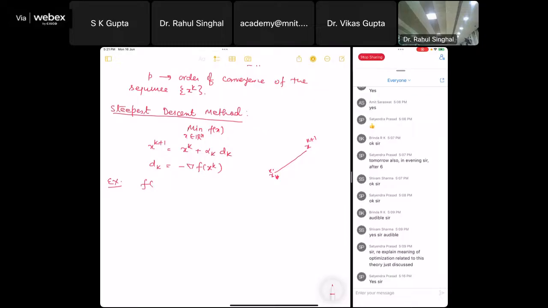Let us take this example f(x1, x2) equal to, suppose, 3x1 squared. Take any simple example. x1, x2 is in R2. Again, the same problem is basically minimum of f(x1, x2), x1, x2 in R2.